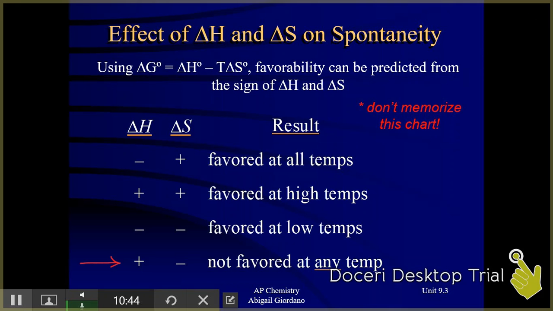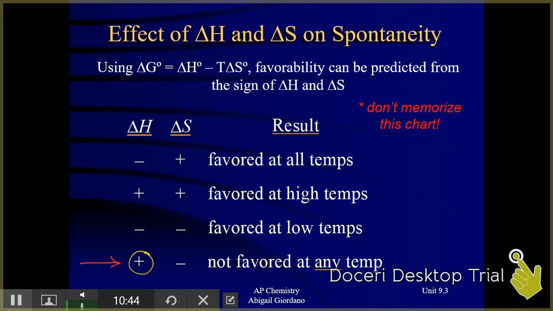So I want you to think, first of all, what a positive delta H means. Remember, that means an endothermic process. And guys, I want you to really think about what that means. Endothermic. Heat is absorbed. Here's another way to say it. Heat is required for this process. That does not sound to me like a situation that is going to happen on its own.